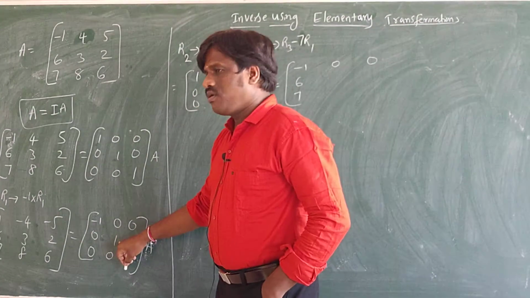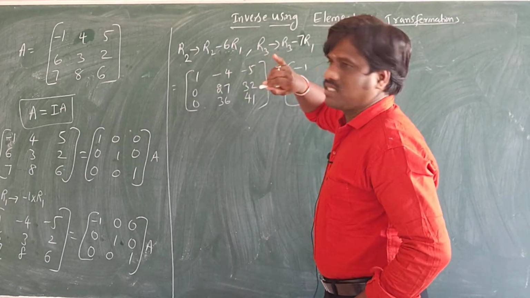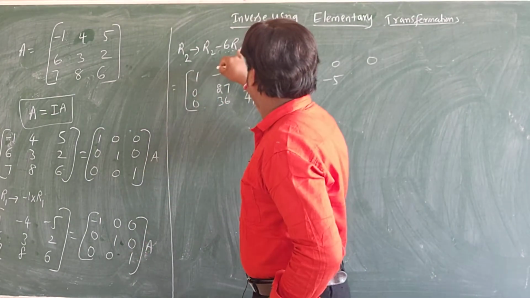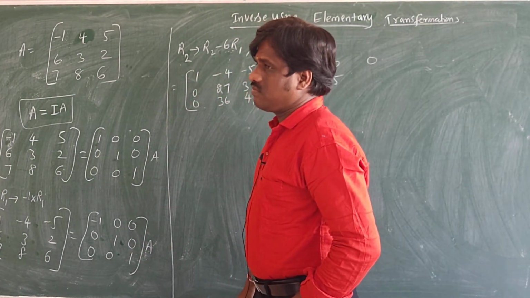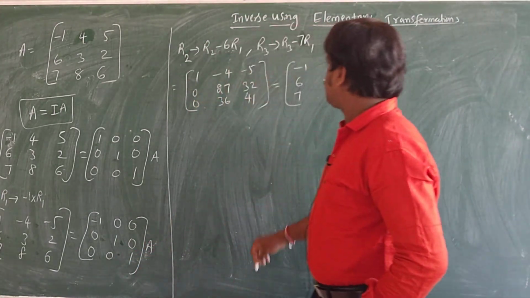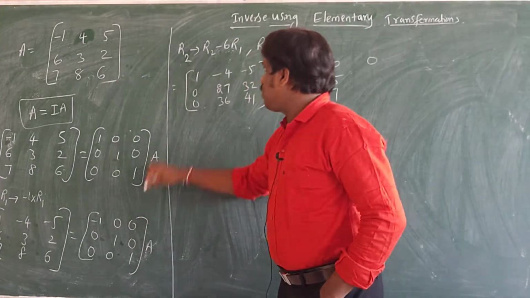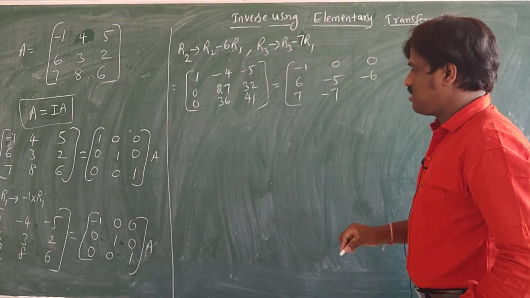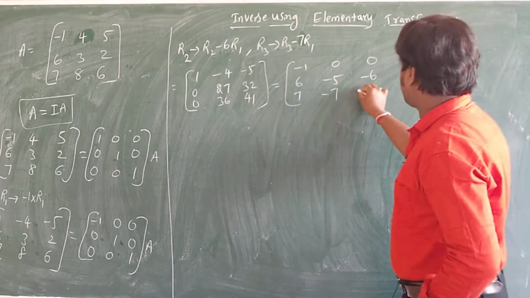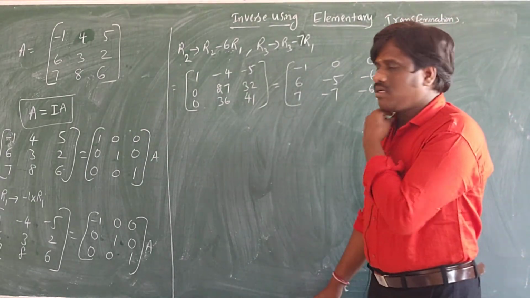Here 1 minus 6 minus 5. Next 0, 1, minus 7, and 0 minus 6 minus 6, 1 minus 7 minus 6. Everything right? Yes, everyone. So you got this step.